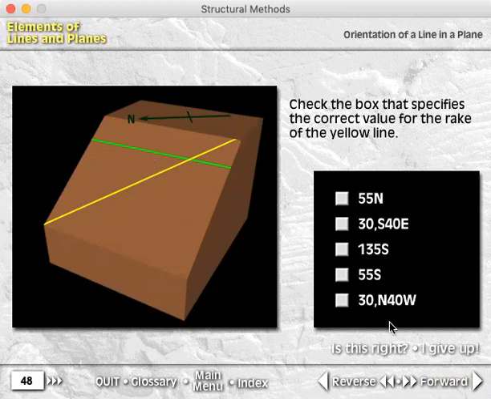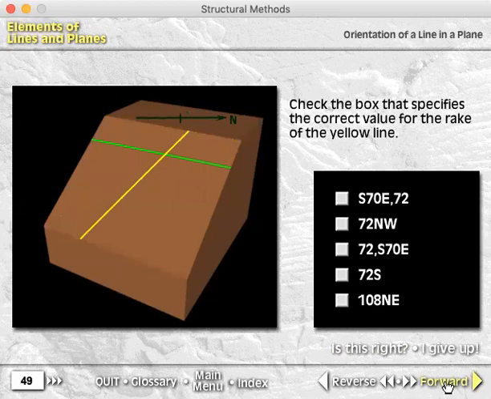Well, our choices for angles are 55 and 30. That looks probably closer to 55 degrees. The direction is toward north, so we'll choose 55 north. And is it right? All right. So again, take a look at that. Spend a little bit of time if you're not quite sure how I did that.